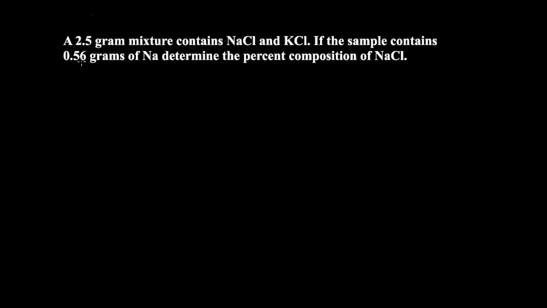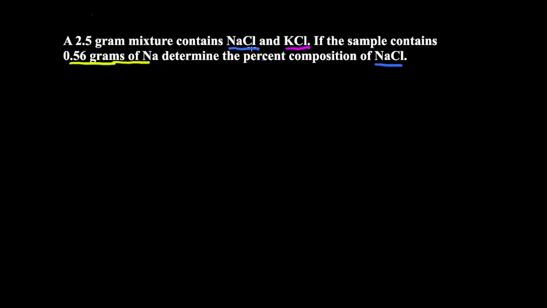And in this problem, it says that we have a 2.5 gram mixture that contains NaCl, and we have this KCl. And if the sample contains 0.56 grams of Na, we want to determine the percent composition of this Na right here. And so we're given a part of this smaller piece, Na, that's part of this NaCl.